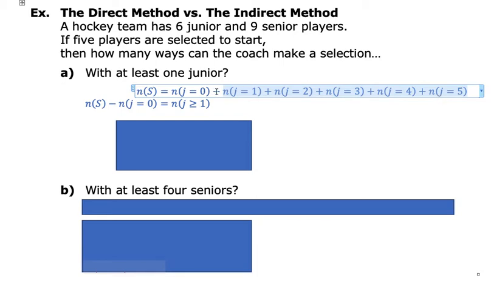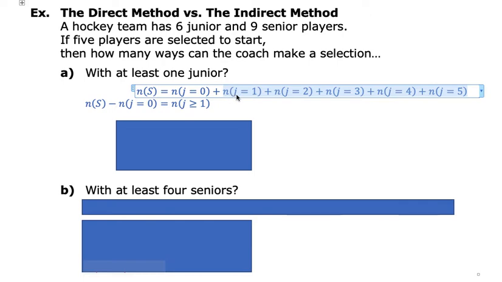Now, a way to avoid that is take a look at the other cases. This is all cases, and this is having 0 juniors selected. If we were to subtract selecting 0 juniors from each side, we would end up with the following expression. It's like moving this to the other side and it becomes negative, or subtracting that value from each side of the equation. And then we've isolated this right-hand side.